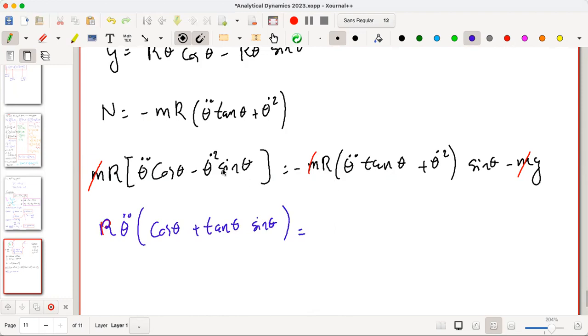Now I can bring the theta dot squared to the other side. I have r theta dot squared sine. Oh, sine theta cancels. All right, so this one cancels with that. Okay, that's good. So I have here minus g only.